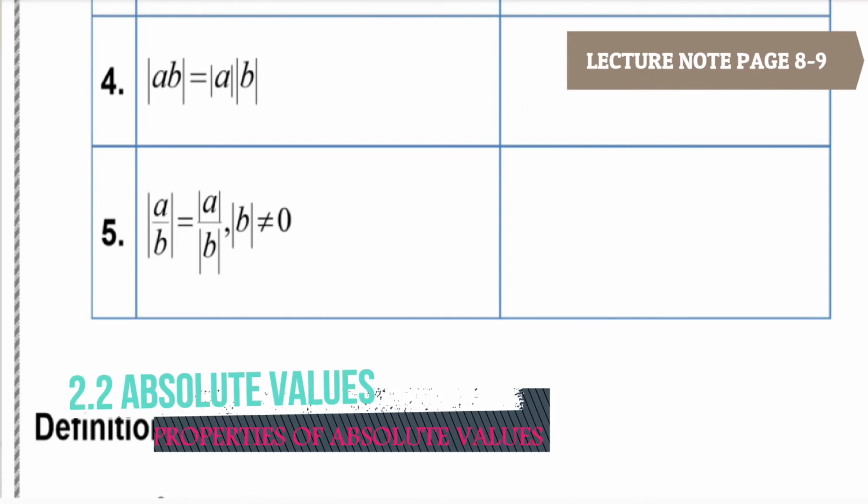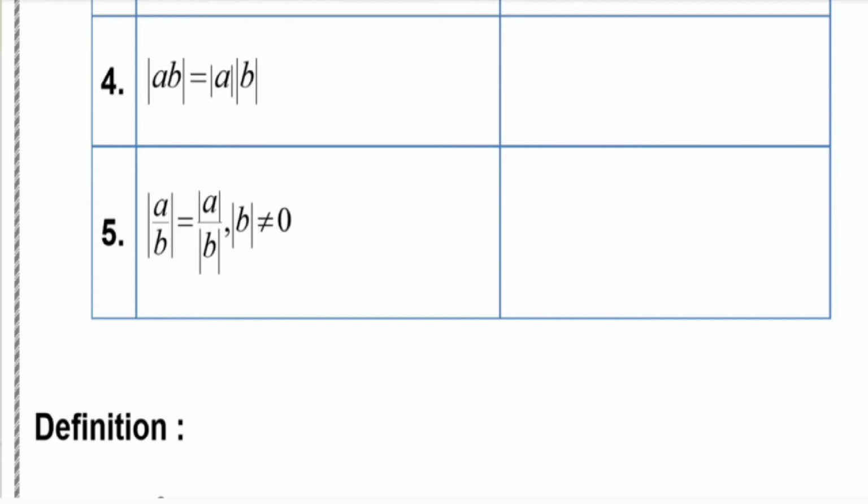Okay, the fourth property is the absolute value of AB can be rewritten as the absolute value of A times the absolute value of B. So, for example, if we have the absolute value of 2 times 3, we can rewrite it as absolute value of 2 times absolute value of 3.